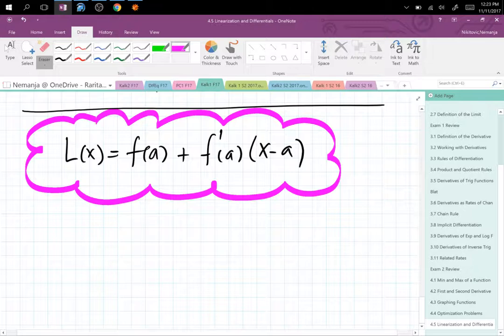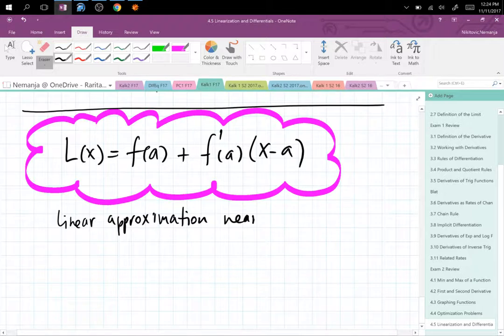done in one equation. So this is called the linear approximation near x equals a. So now, I also have to make sure that you guys understand that this a is the convenient value, all right?